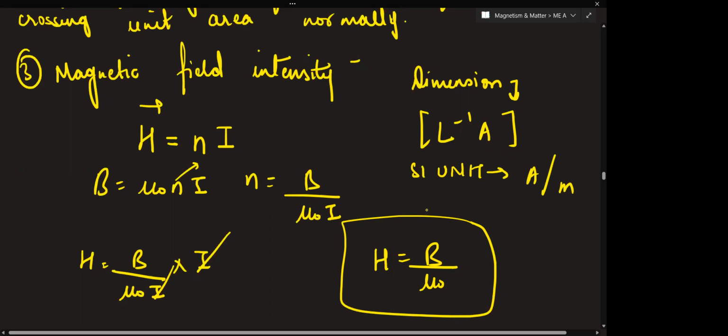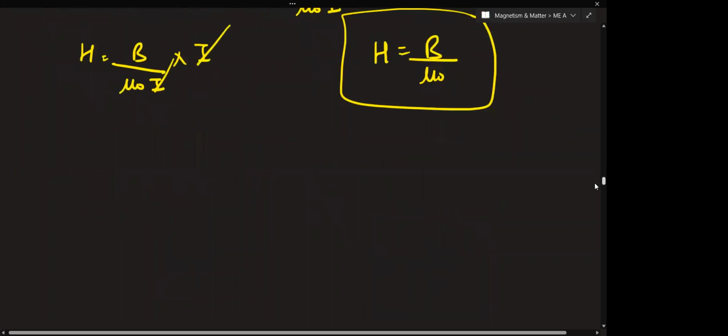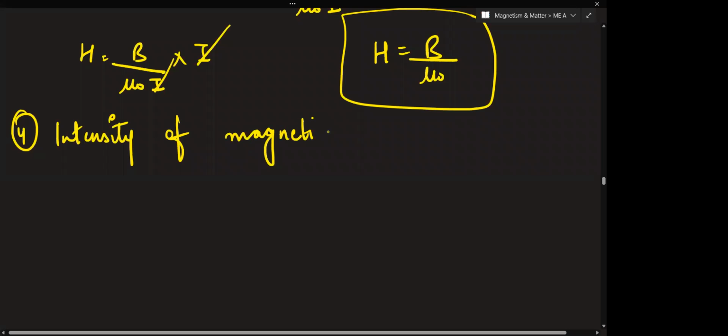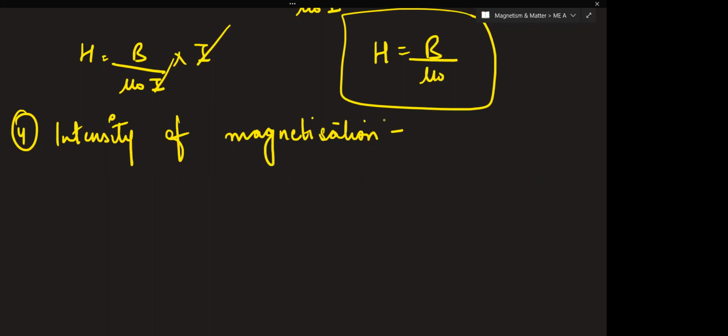Now, this was magnetic field intensity. One more term is the intensity of magnetization. See, magnetic moment per unit volume is known as magnetization.